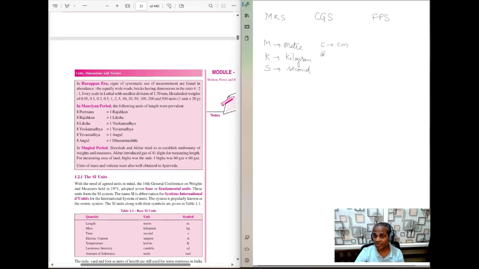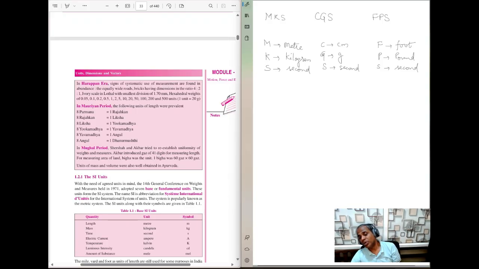G stands for gram, which is a unit of mass, and S stands again for second, which is a unit of time. In FPS, F stands for foot and P stands for pound. Foot is a measurement of length, pound is a measurement of mass, and S is again a measurement of time, which is second. Three different systems.